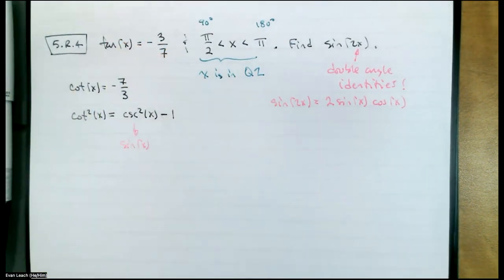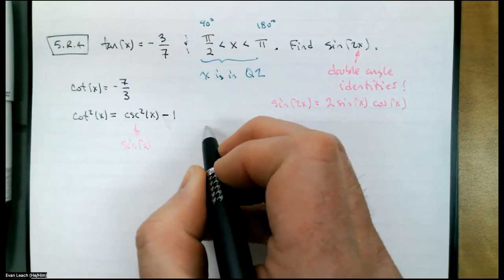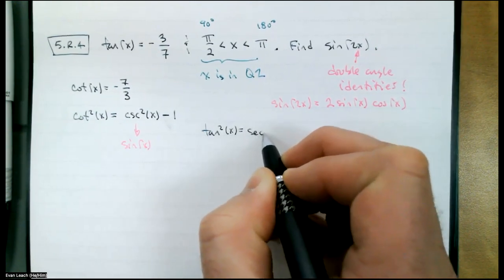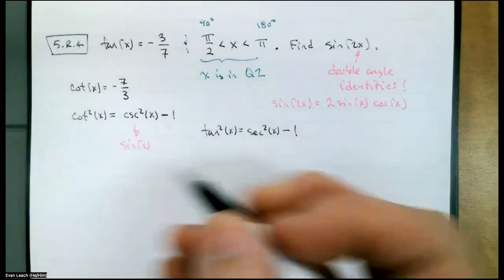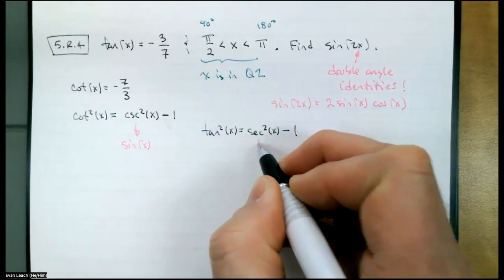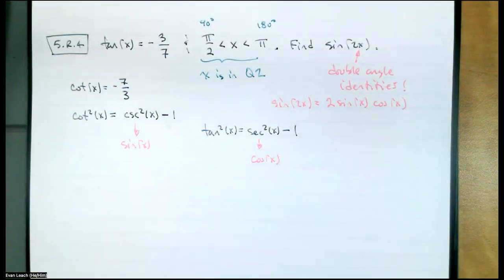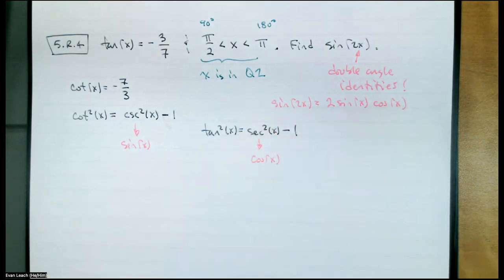Also, if tangent is negative 3/7, we could also use tangent squared x is secant squared x minus 1, and secant squared x can be used to find cosine. With some square root shenanigans, I can get those two. Once I have these two, sine x and cosine x, I can just drop them into my double angle identity for sine of 2x. That'll work. That's a plan.